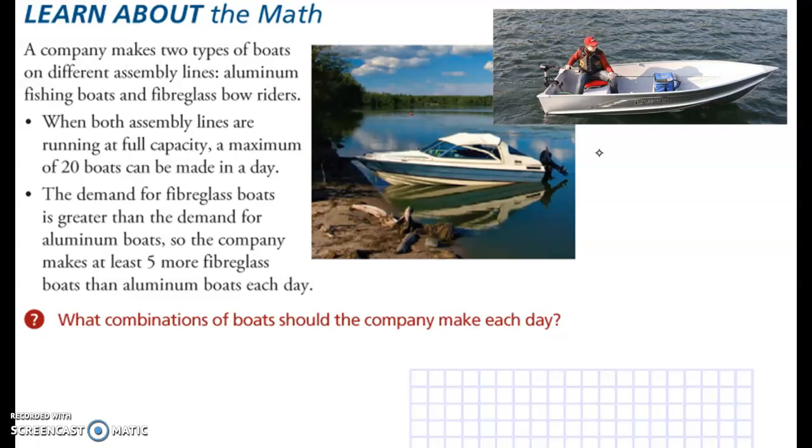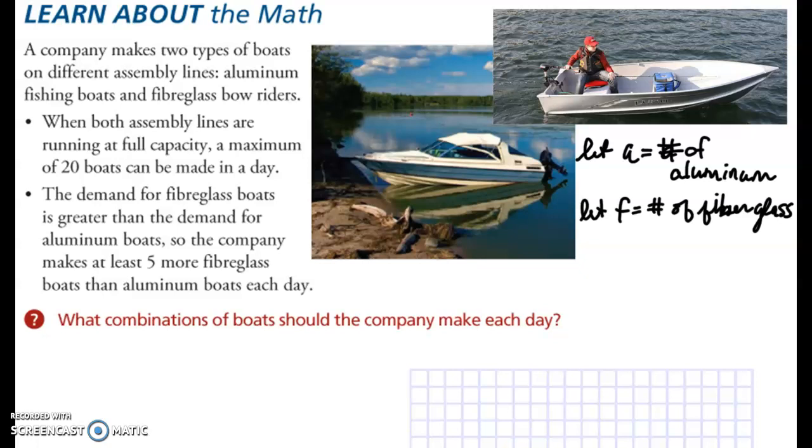Let's let A equal the number of aluminum boats to make, and F equal the number of fiberglass boats. So again, in any of these word problems, you're going to notice there's two different categories, and you need to give a variable to each of them, a variable that makes sense. Okay?